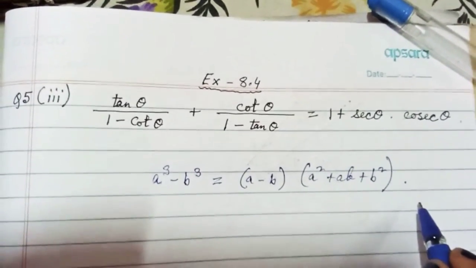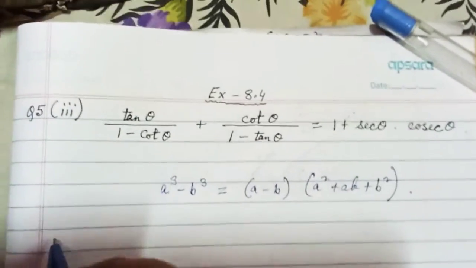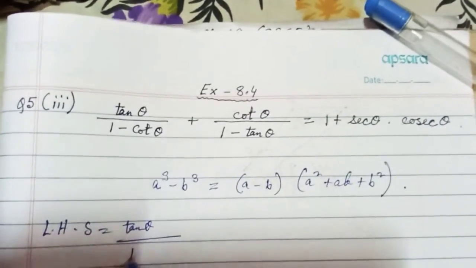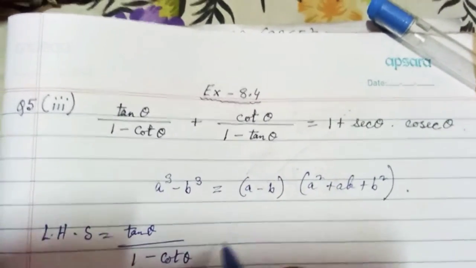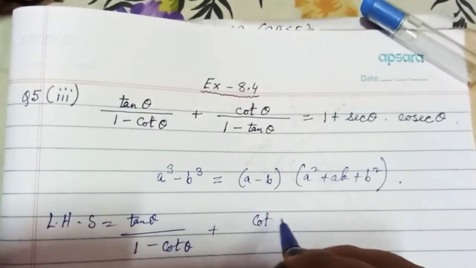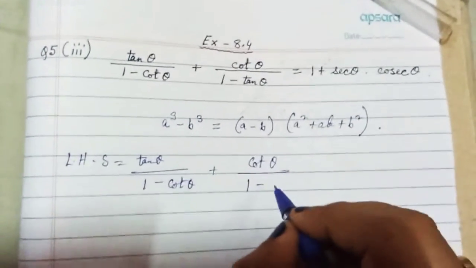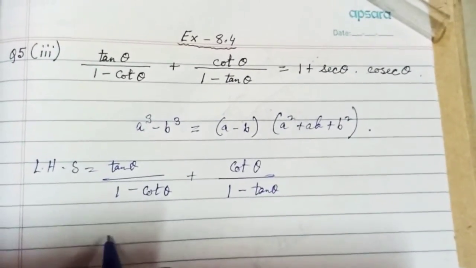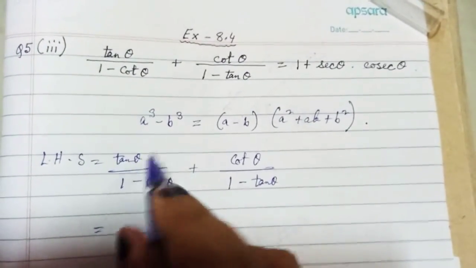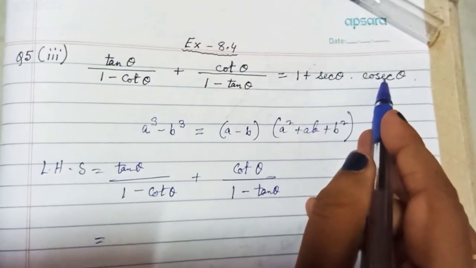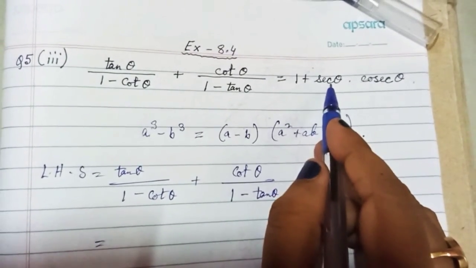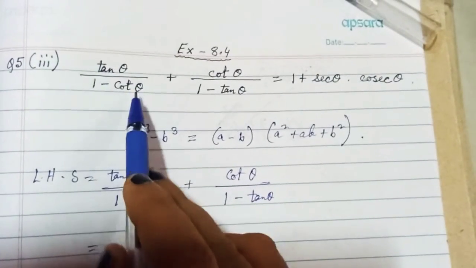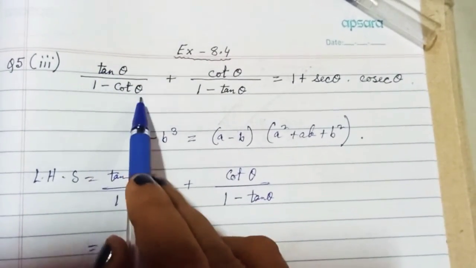Okay. So first we will write the LHS side, that is LHS equals tan theta upon 1 minus cot theta plus cot theta upon 1 minus tan theta. Since we have to change into sec theta and cosec theta, and sec theta is the reciprocal of cos and cosec theta is the reciprocal of sine, we will change this tan theta and cot theta in terms of sine and cos.